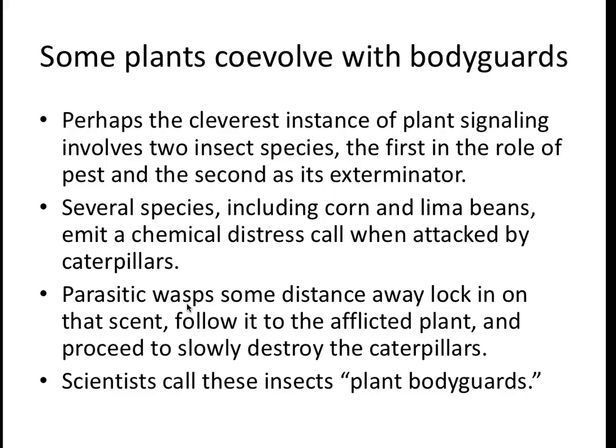Then the wasps will travel along that gradient and reach the lima beans or corn and attack the caterpillars and kill them, but not attack the lima beans and corn. So it's a very unusual, very sophisticated way of dealing with predators.